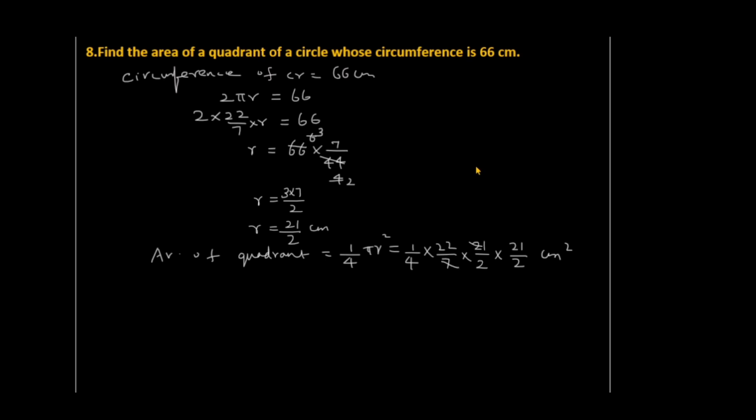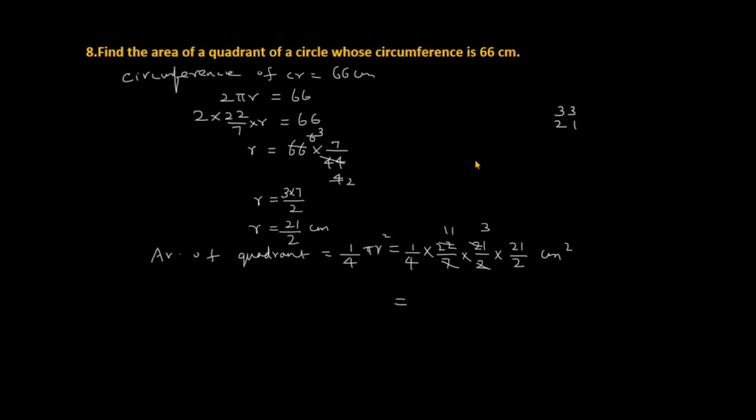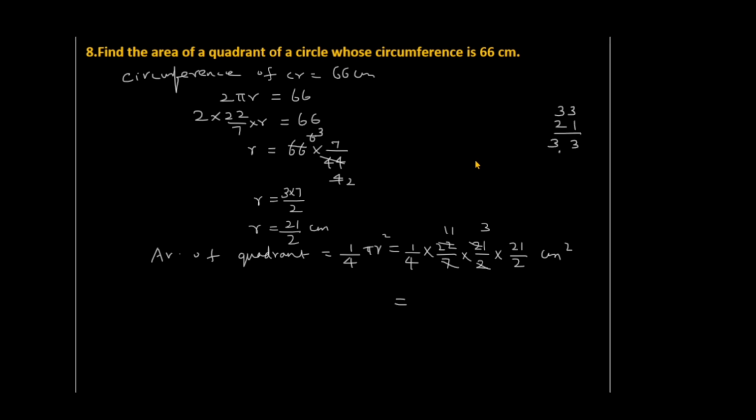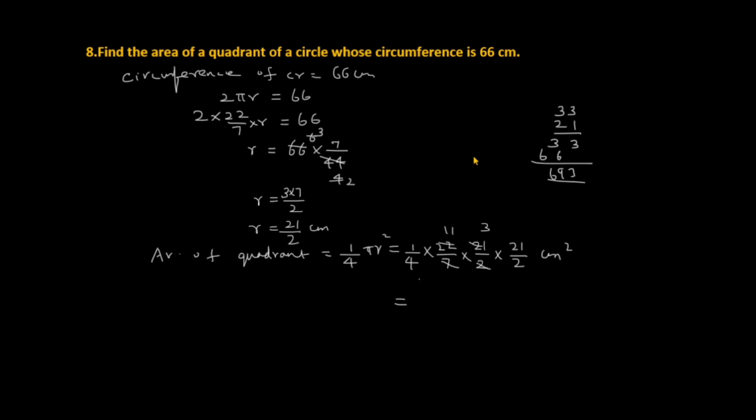So we can cancel this 3 times, then 2, 11 times. Now in the numerator we are having 33 into 21. 11 into 3 is 33, and 21 into 33 is 693. So in the numerator we are having 693 divided by the denominator 4 2s are 8 centimeter squared.